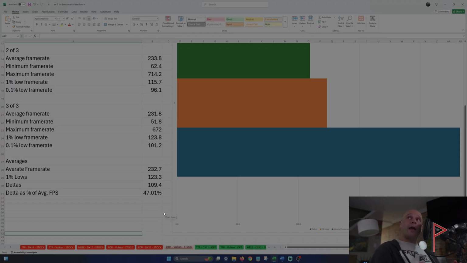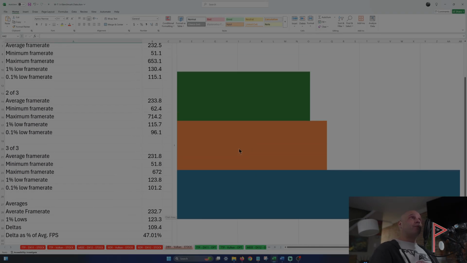Now, this next game is Detroit Become Human. This is a strange game because if you ever played this game, you're basically playing in a cutscene. So it's very, very difficult to get these 1% lows down because of all the texture switching between the cutscenes and the parts that you're playing. It's a very interesting game, but actually quite smooth.